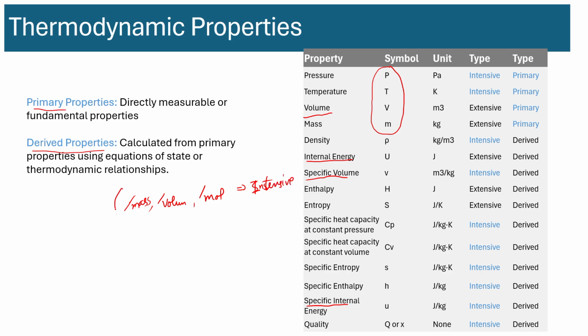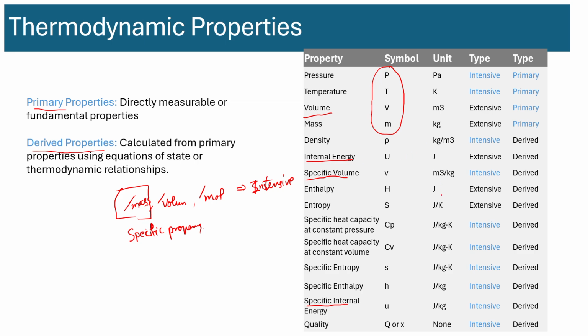And typically when you're calculating something per mass, you call such properties a specific property. Okay, because it's per mass of that substance, so it's independent of the size because you're already dividing per mass.